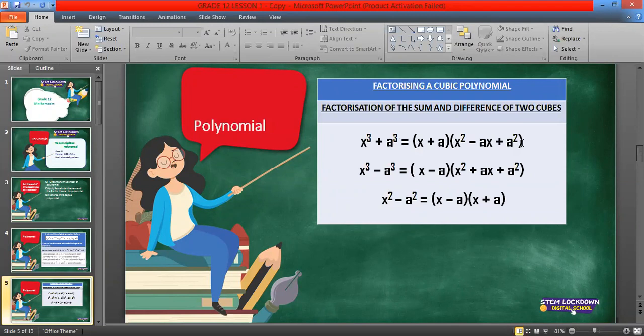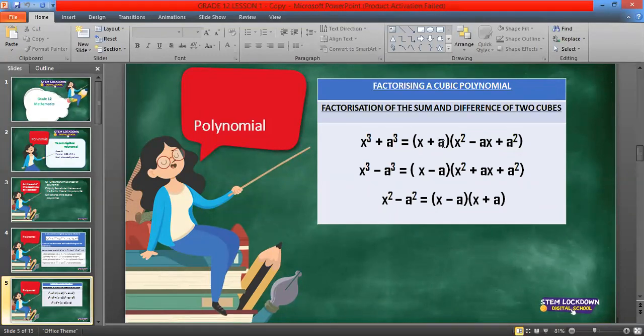And then to get the content of the second bracket, what do we do? You square the first term. You square x to give you x squared. And then you square your a to give you a squared, okay? And then how do we get this middle term? The middle term you get by multiplying the two terms, x multiplied by a, which will give you xa.